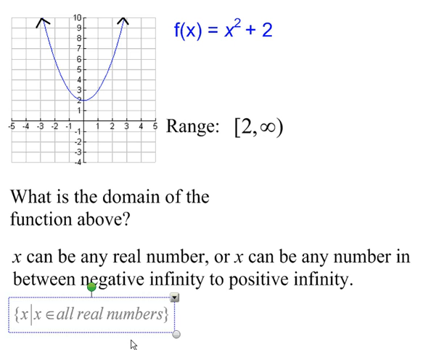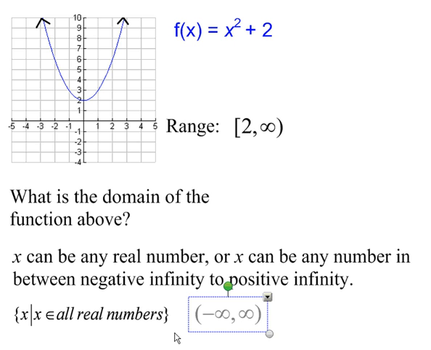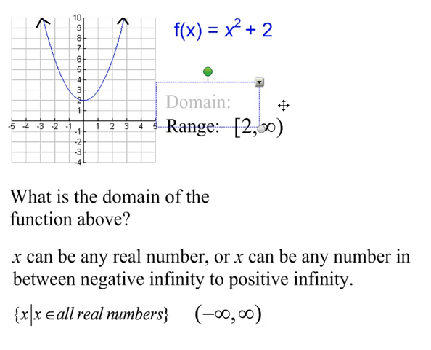So one way we can write that is like this. X can be any real number. Or we can write it this way, from negative infinity to positive infinity. So let's say the domain is from negative infinity to infinity, which is another way of saying x can be any real number.